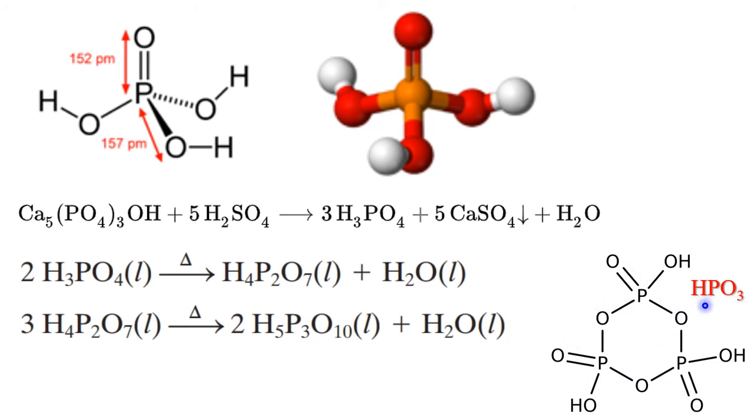So it's actually H3P3O9. Anyways, the simplified formula will be HPO3. And all phosphorus atoms will be tetrahedral. As you can see, a tetrahedral environment is very common for phosphorus, like it's common for its neighbor silicon.